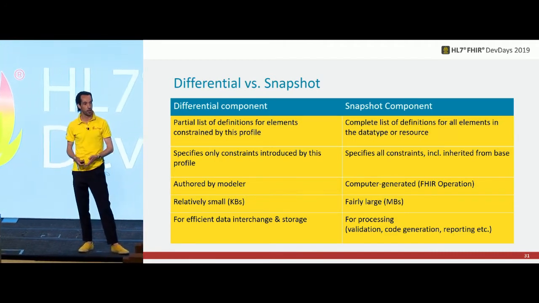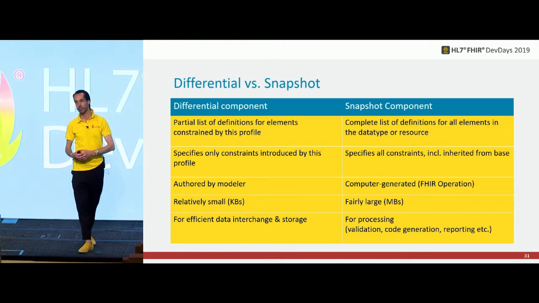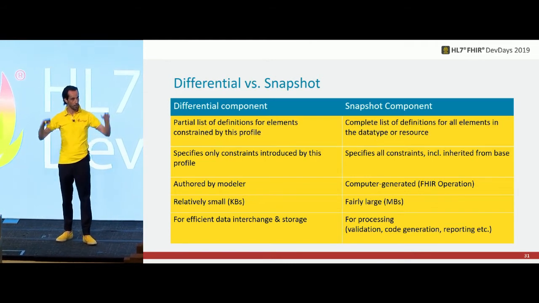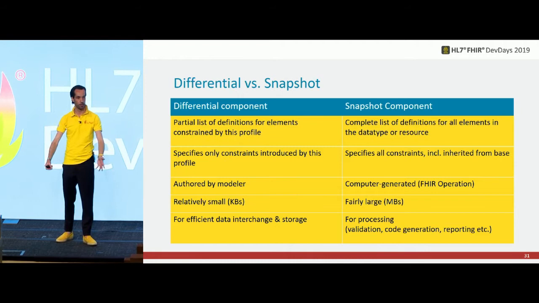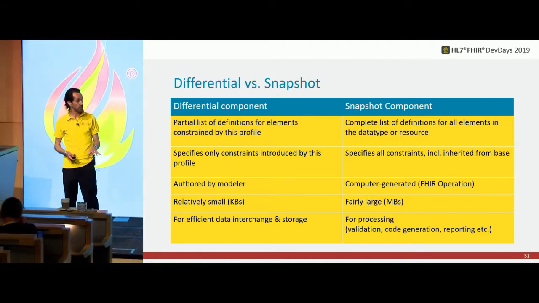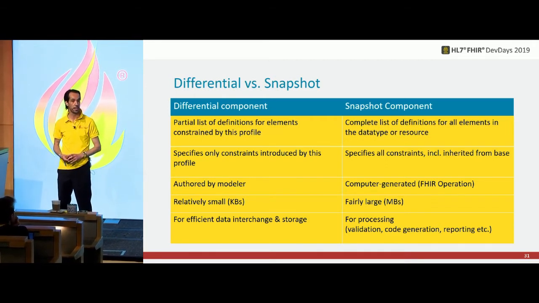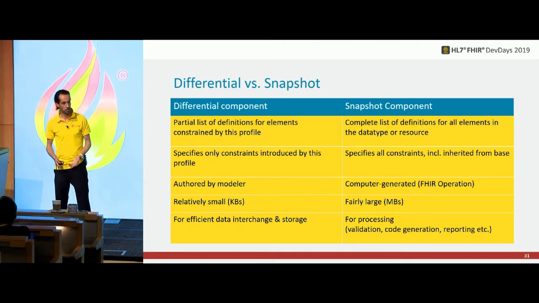The snapshot, on the other hand, that's useful for the server, because it has to validate, and then it needs all the elements. So the snapshot actually aggregates constraints from all the base profiles down to your profile and expands that full list. You don't need to exchange the snapshot, because it's a couple of megabytes large, and the differential will be maybe 100 kilobytes, depending on how many constraints you add. Most FHIR servers have the capability of generating that snapshot out of the box.